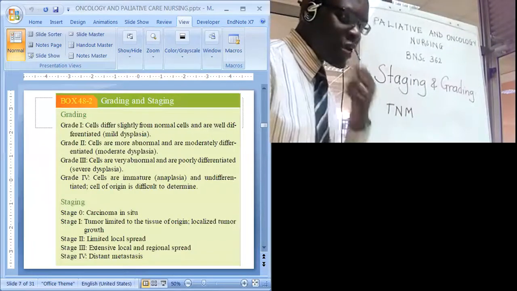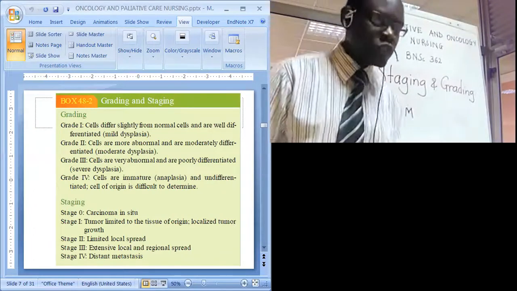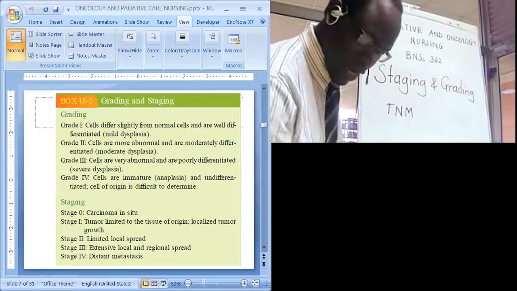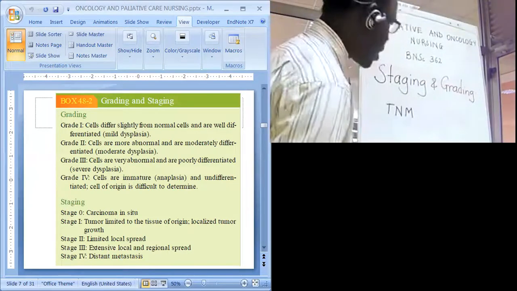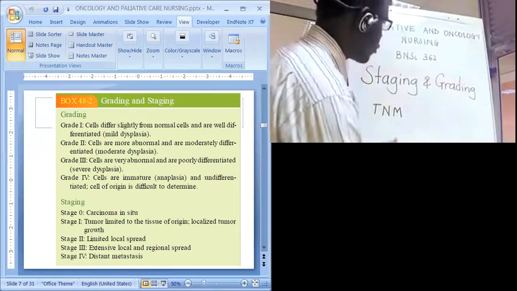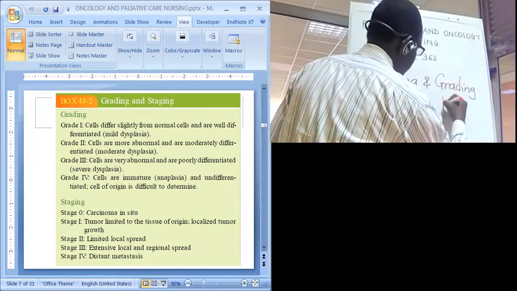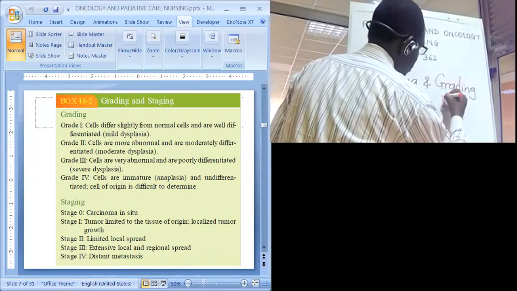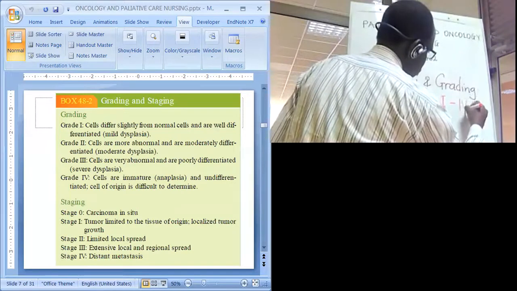Now, grading is basically divided into four grades. With grading, we are talking about four stages, from stage 1 to stage 4.